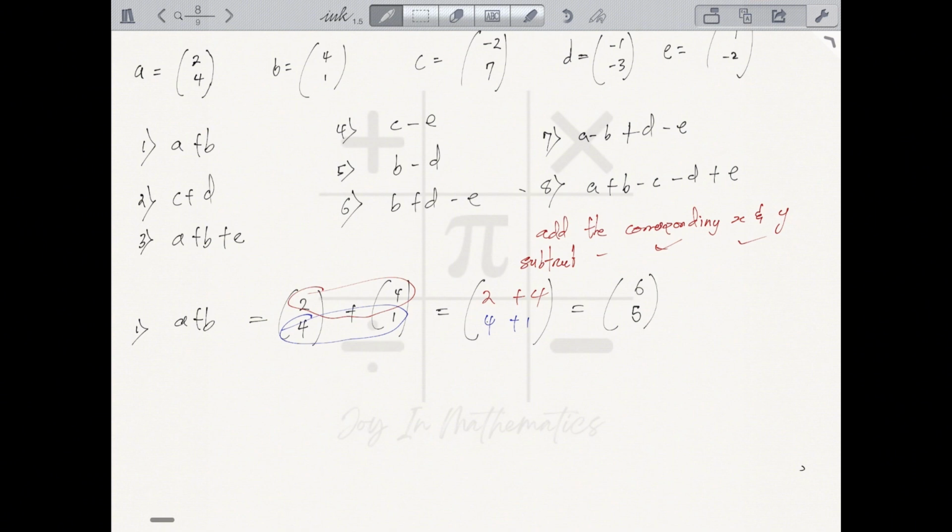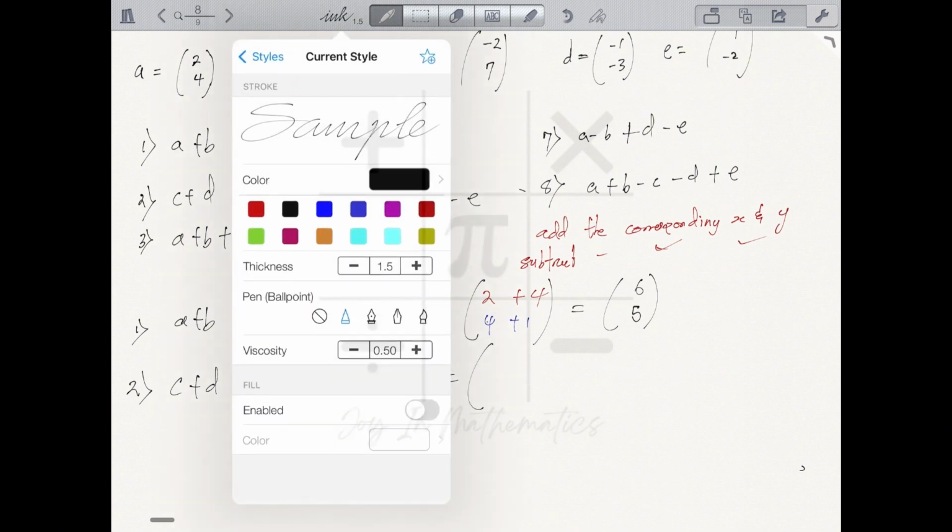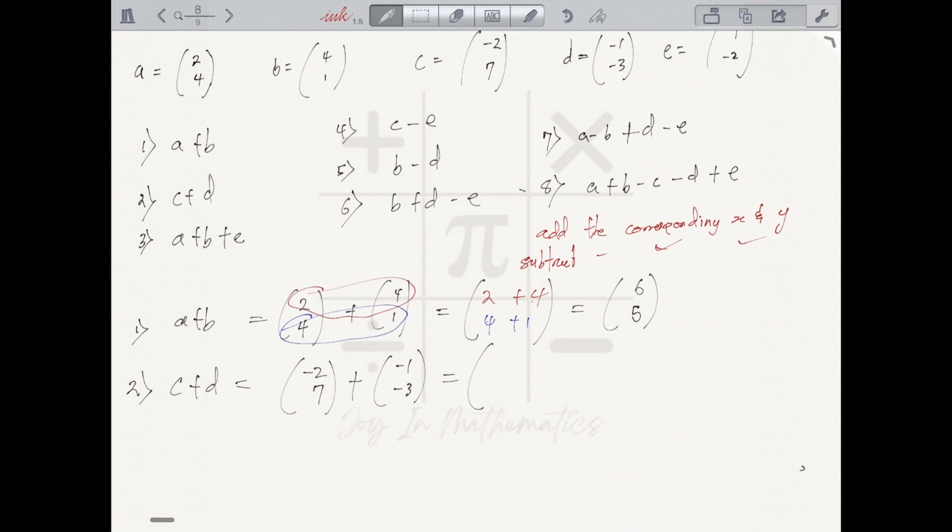You can see it's easy. Now moving on, we have C plus D. That's question 2. Our C vector is (-2, 7), and our D is (-1, -3). So when we add the vectors, we take the corresponding x values. That's -2 plus -1.